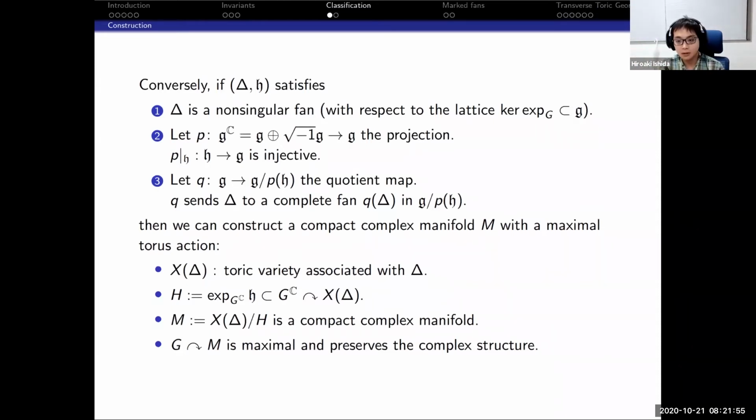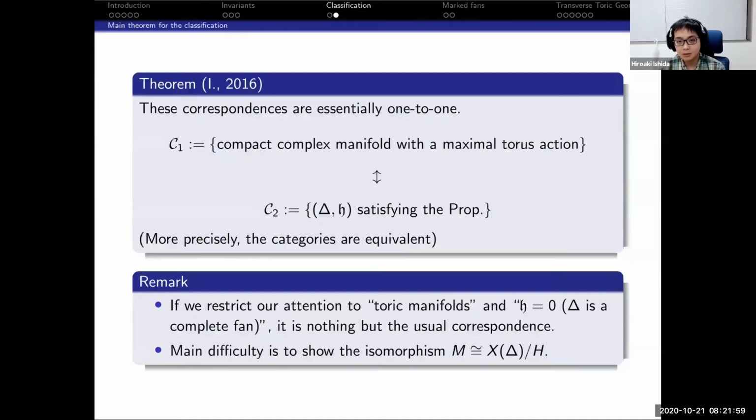Okay. So the main theorem is the following. So far, to each compact complex manifold with maximal torus action, we can assign a pair of fan and vector subspace satisfying certain conditions.